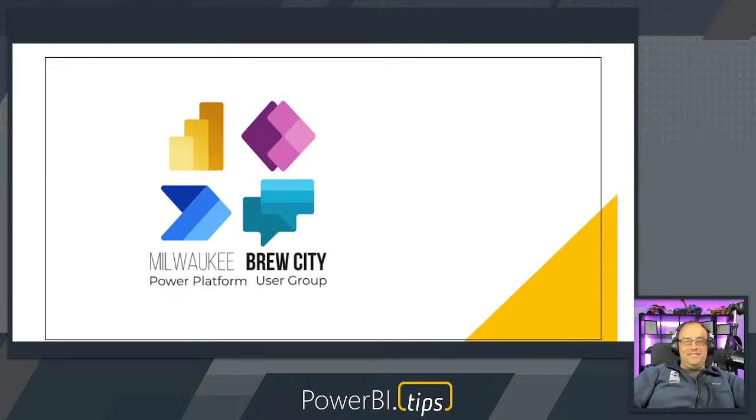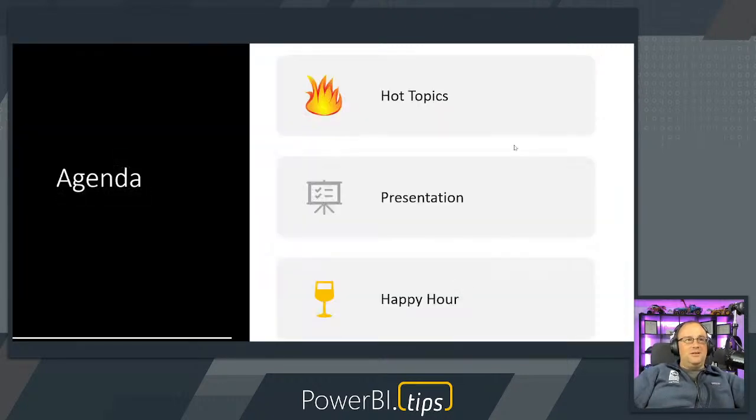The slide deck for tonight is going to be super simple. Here's our agenda for tonight. We'd like to cover some hot topics, some things that we think are interesting and relevant. We'll do the presentation around Charticulator. And in typical Power BI Milwaukee user group fashion, we will jump right into a happy hour. Feel free to grab your favorite beverage.